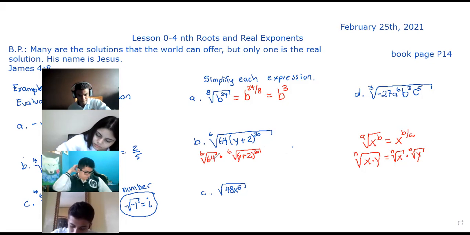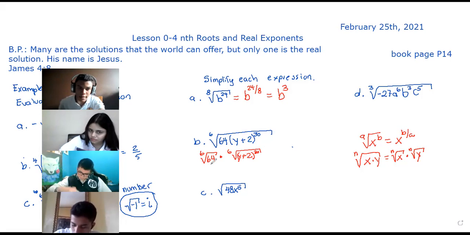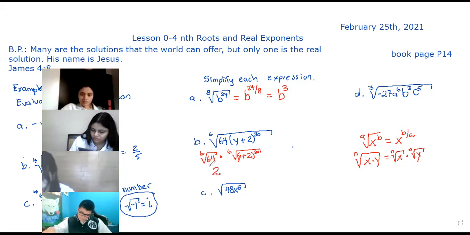Now, 64. Get your calculator and tell me if you can find the 6th root of 64. It is positive and negative 2.